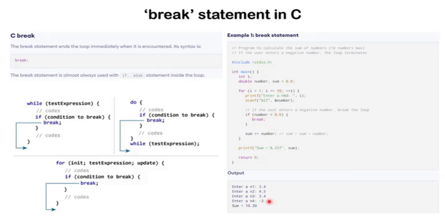Here you see n1, n2, n3 are positive, but n4 is negative. So the loop is broken, and for the statement sum plus equal to number, this minus 3 is not added to the sum, and the answer we are receiving is 10.30. That is the same as 2.4 plus 4.5 plus 3.4. Minus 3 is not added. The statement after the break has been skipped.